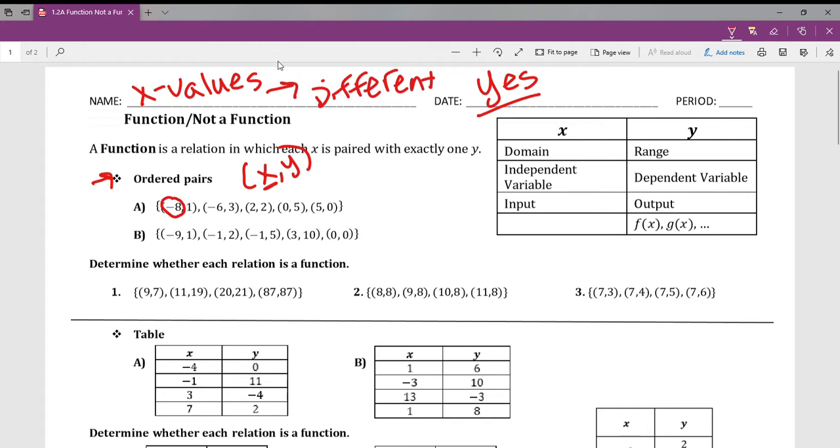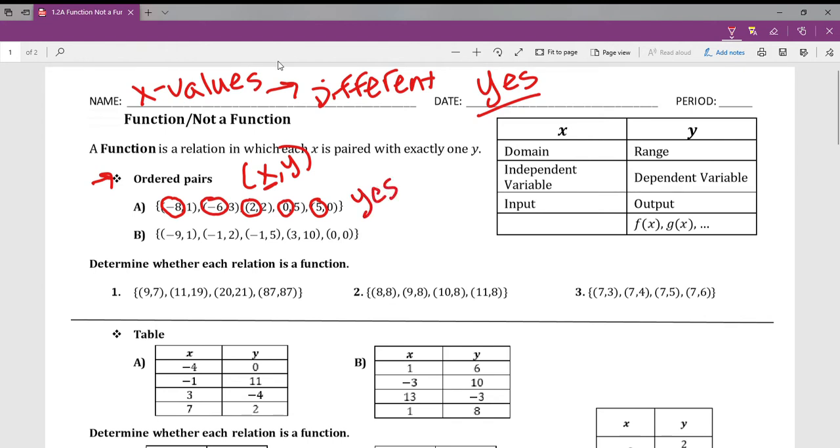My next point, x value -6. My next point, x value 2. X value of 0, and x value of 5. So are they all different? Well, -8, -6, 2, 0, 5. Yes, they're all different. So yes, it is a function.